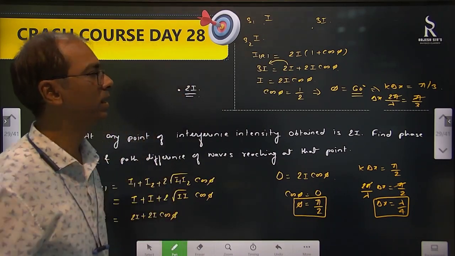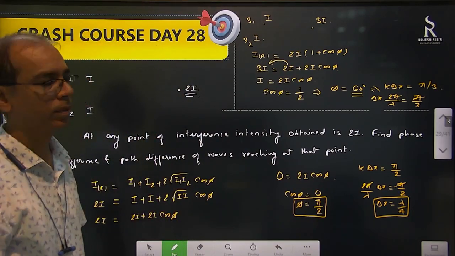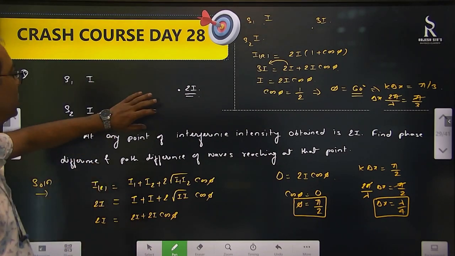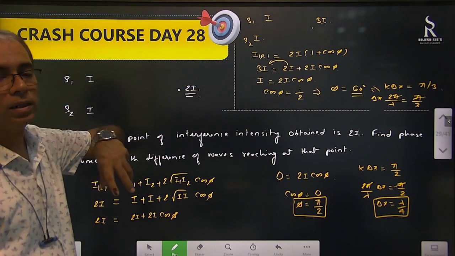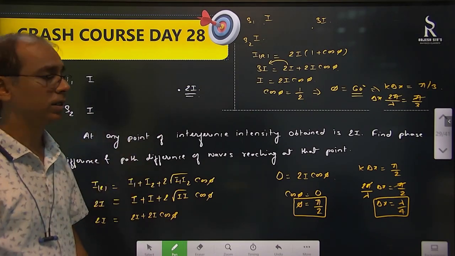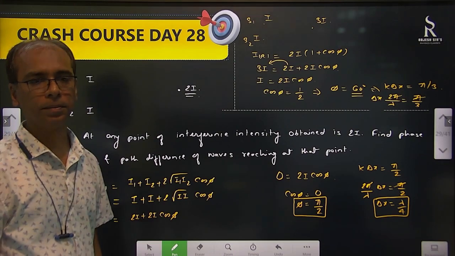Pi gets cancelled. Delta x is equal to lambda by 6. So this way we can calculate the phase difference and path difference if the intensity at a particular point is given because of the interference. Again, very commonly asked.